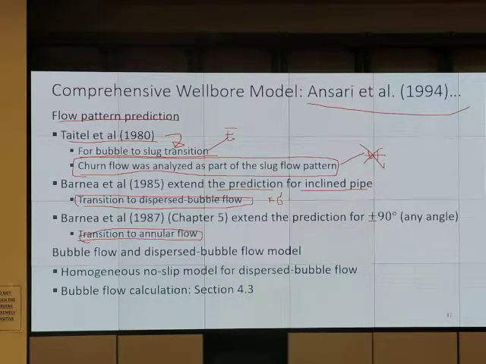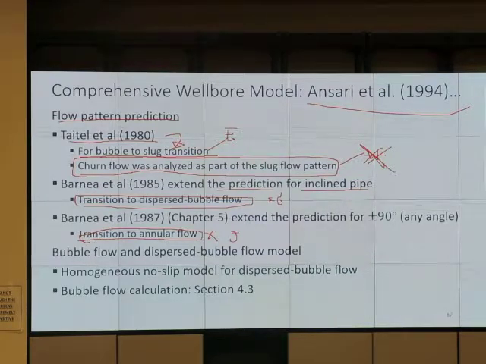This is not transition J, but it's a comprehensive transition. We haven't covered this yet. It is in chapter 5. Okay, but the Ansari model uses transition E from Taitel et al. Didn't actually use transition H, uses transition F and G, okay, and uses a transition better than transition J, not just transition J.